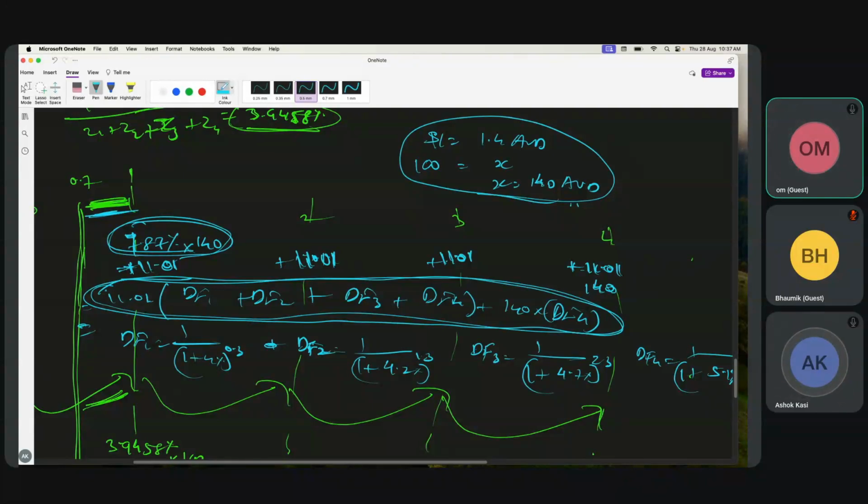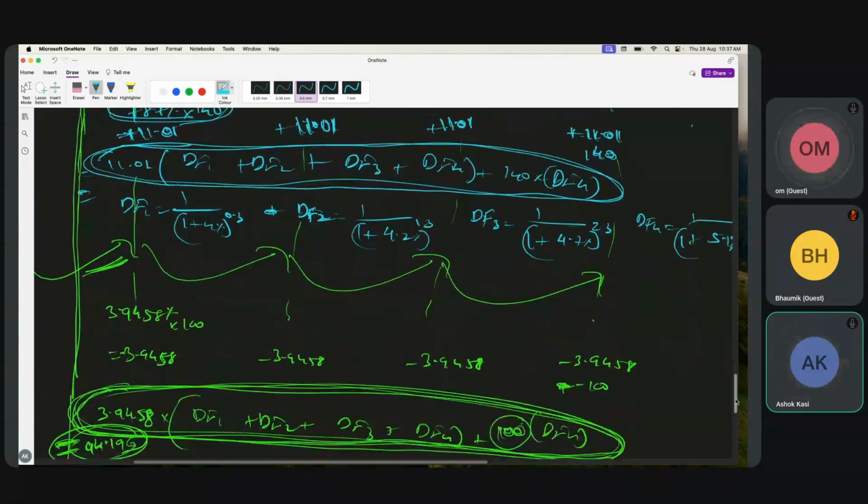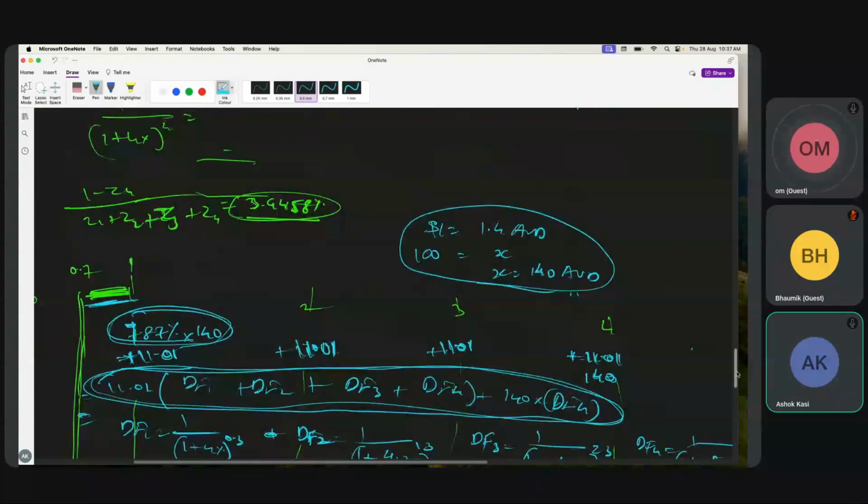$159.37. It comes to, in Australian dollar, how much you said? 159.37.